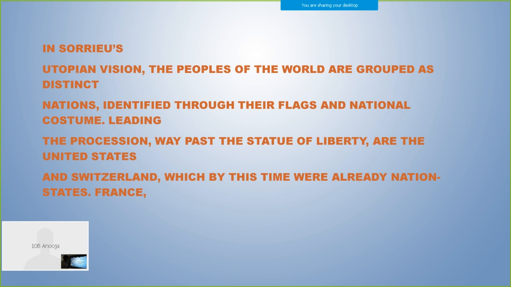That is what is called a nation state. And France and many other countries are just arriving in front of the Statue of Liberty. So this is the situation in front of the Statue of Liberty, according to Frederick Sorrieu.